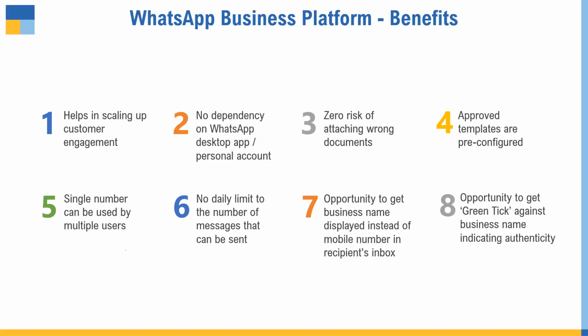A lot of people might have got Aramex couriers or something like that. It always comes as Aramex, and there will be a green tick, so that is verified with WhatsApp. So you even have an option of getting a verified WhatsApp account for your business, which will be shared with your prospects.